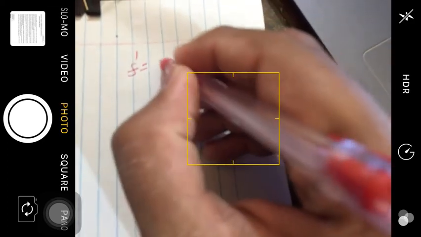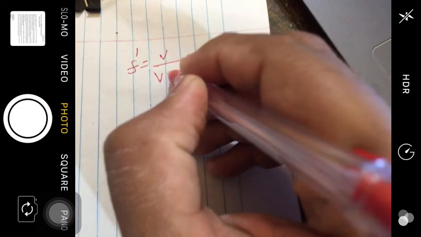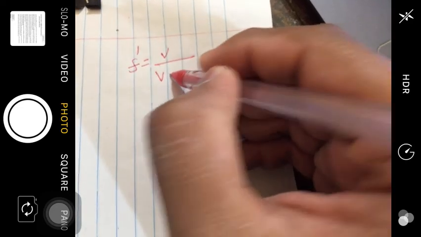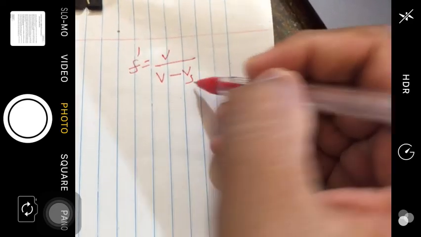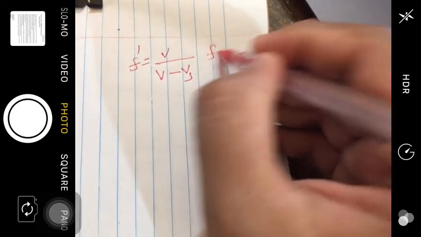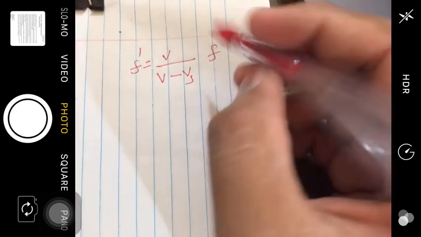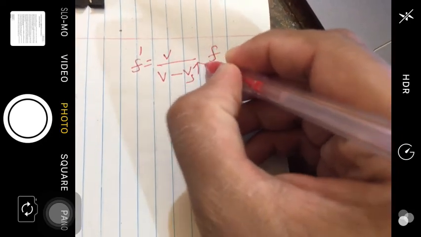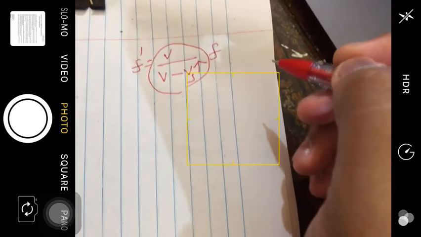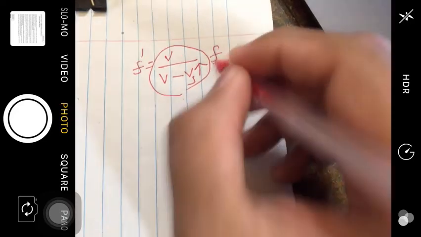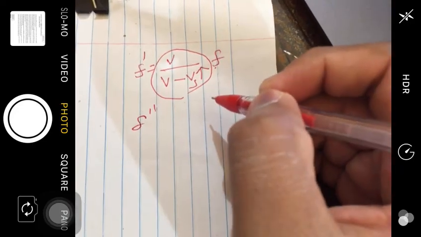Okay, so you might argue that observed frequency is equal to the speed of light over, when it is moving towards, it is minus the source speed, times F original. It is very tempting to use this equation and to argue that when the rate of rotation increases, this factor increases, so the observed frequency would increase.